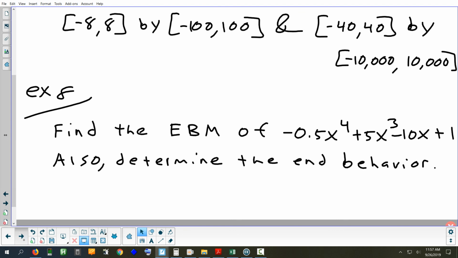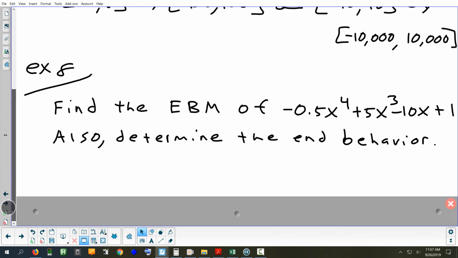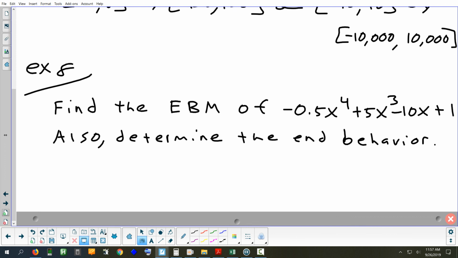How about, what's the end behavior model in that one? Negative 0.5x to the fourth. That's it. That's the EBM. Any questions on how we found it? I'm not going to graph that one. The original could look like a W shape. And what would the end behavior be of this one?